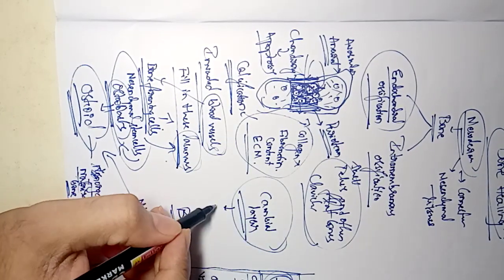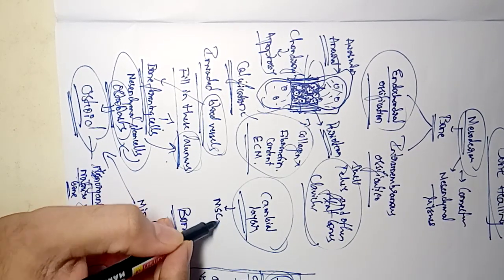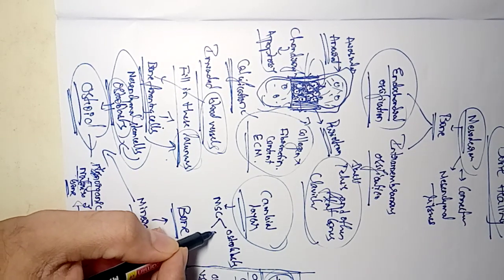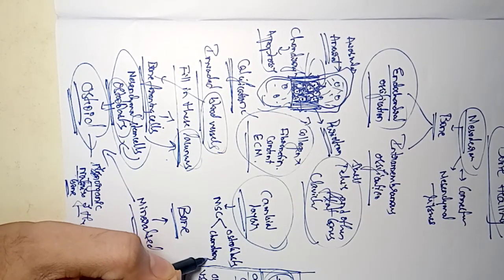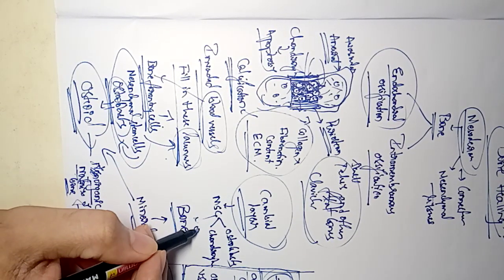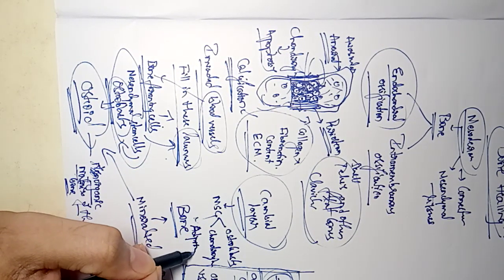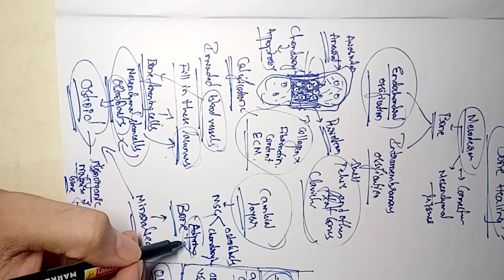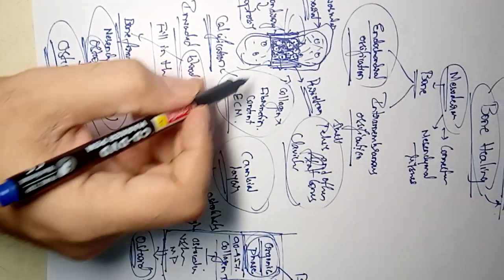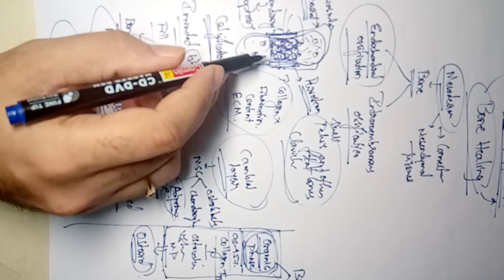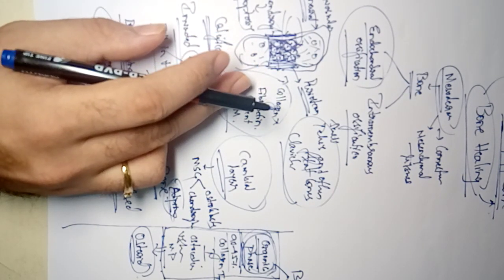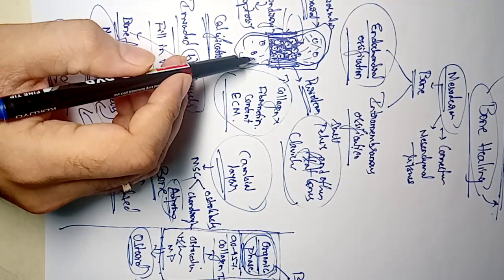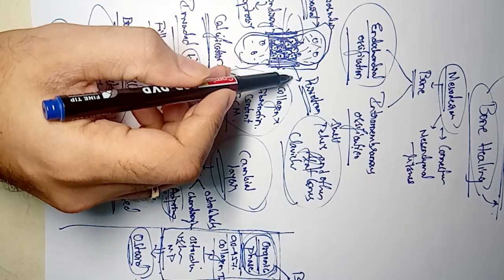This cambial layer retains mesenchymal stem cells which can differentiate into osteoblasts and chondrocytes. It can also differentiate into adipocytes, which is not of much importance, but this conversion into an adipocyte is important in forming the medullary canal of the diaphysis.